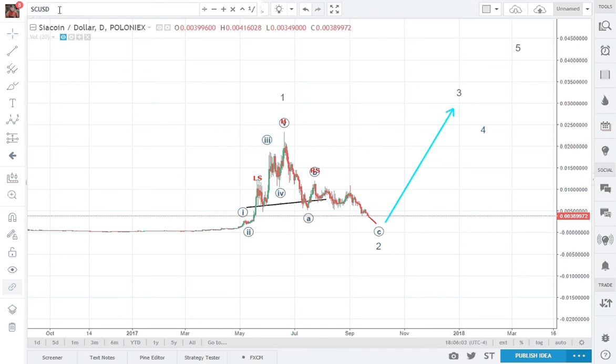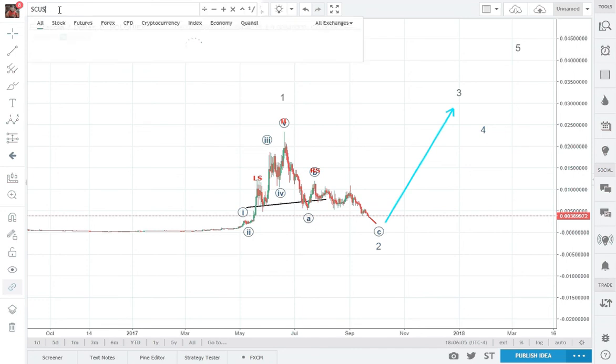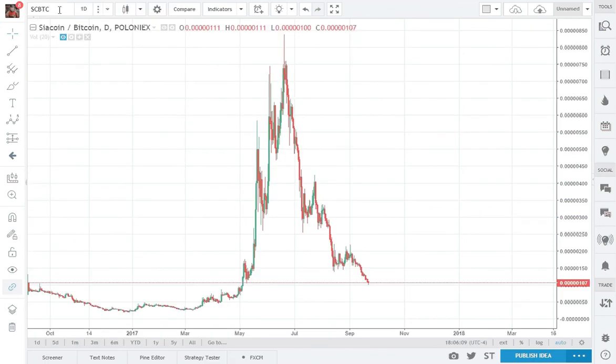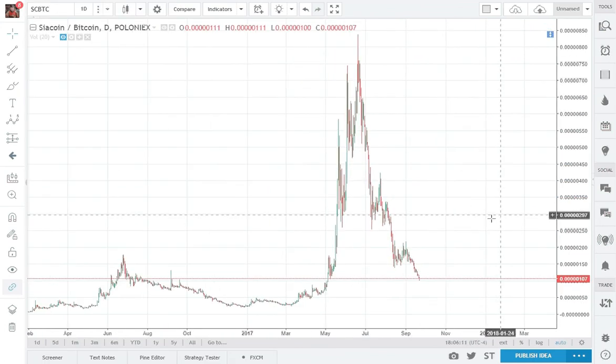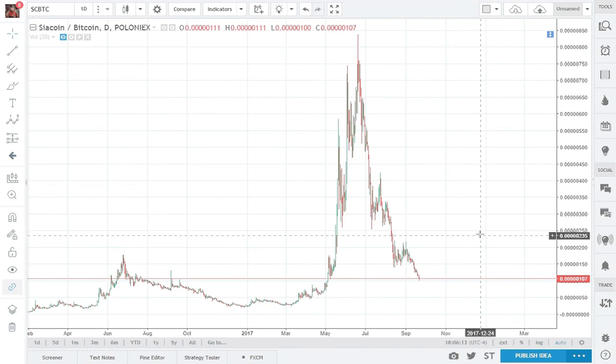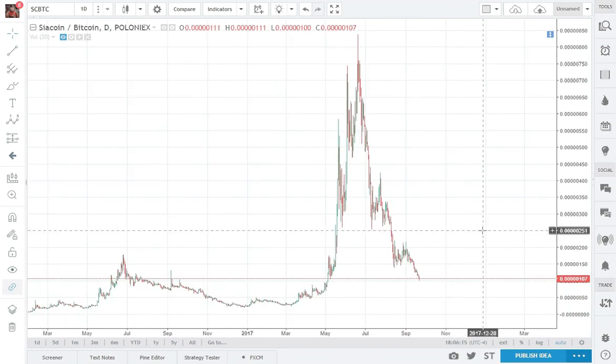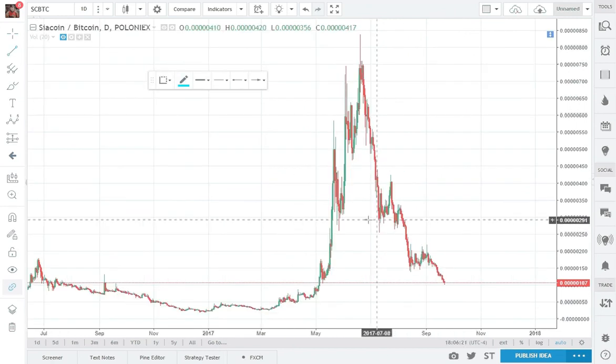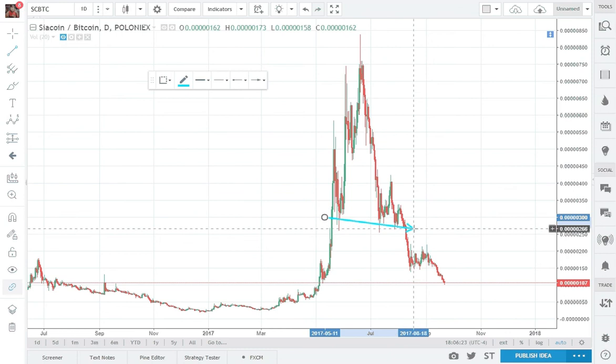So let's look at the BTC. This is not an accident. Okay. So here too, let's go after the pattern first. Head and shoulders.